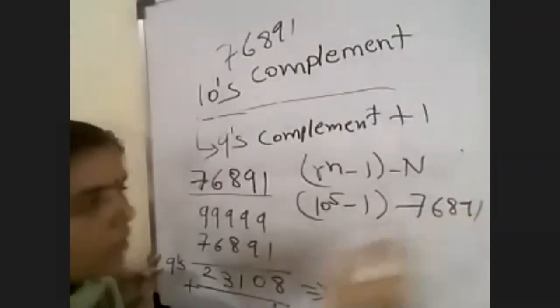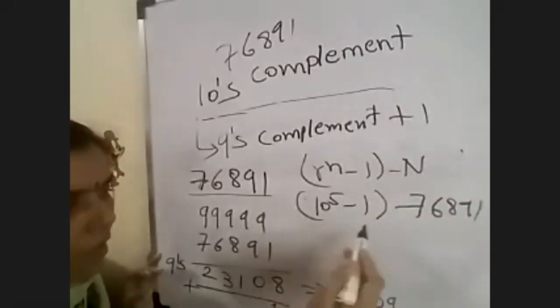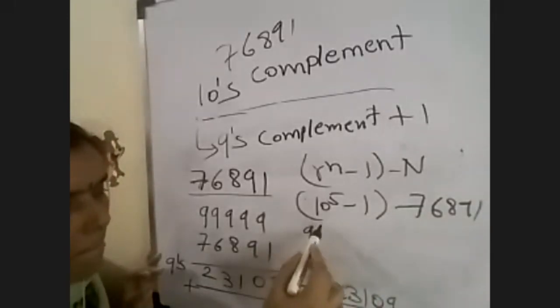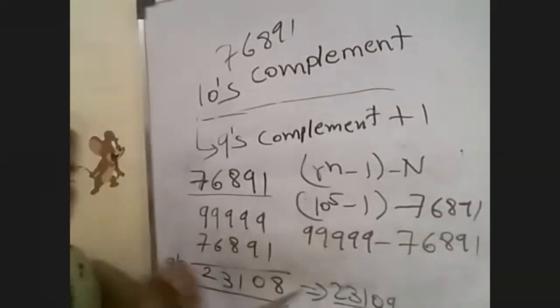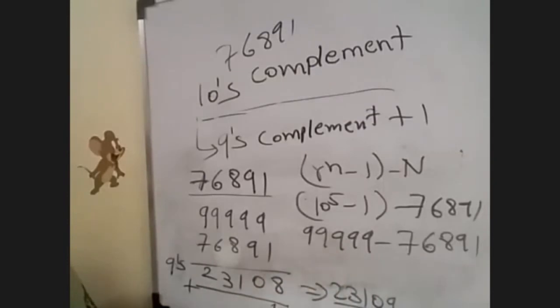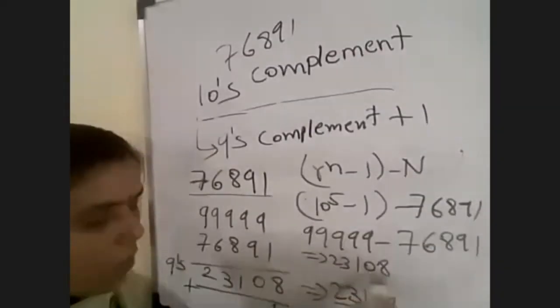How many nines will come here? 5 nines, 10 to the power of 5 minus 1. Then you subtract 76891, so 23108, right? Yes, ma'am. This is the nines complement value, plus 1, you get 23109.